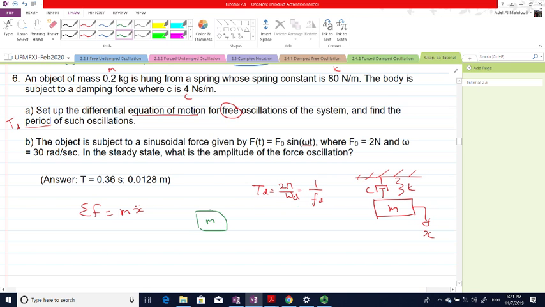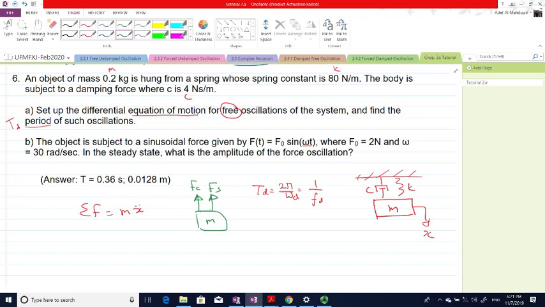Then we have two forces acting: the spring force and the damping force. We don't have any applied force, so the applied force is going to be equal to 0.